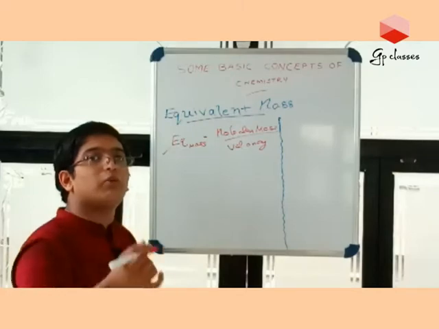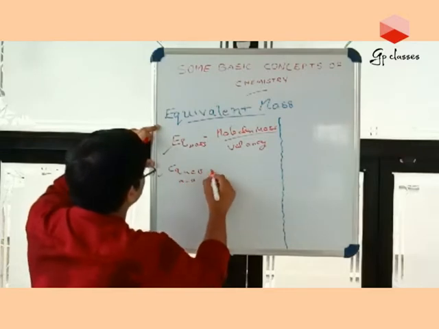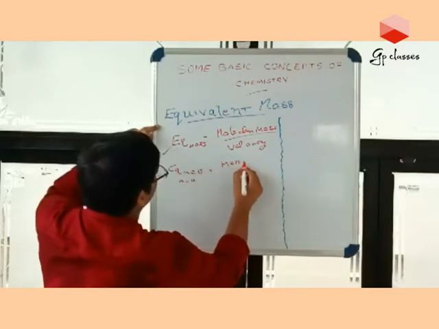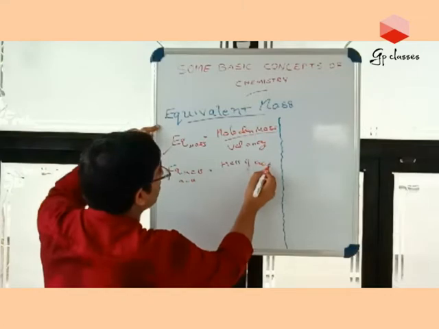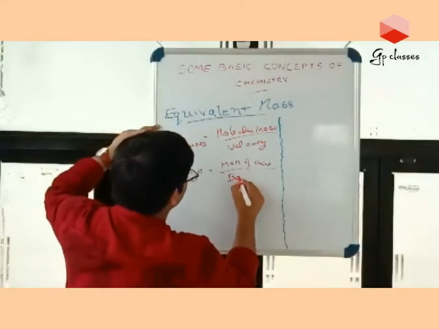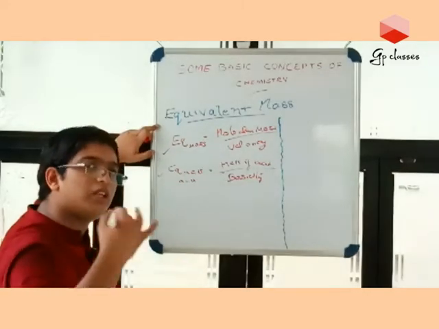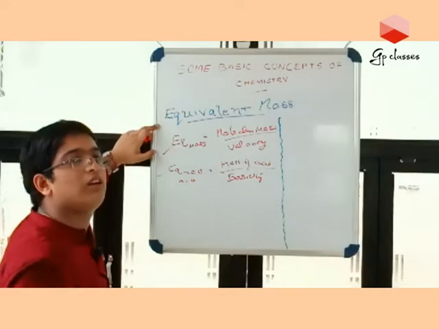So how can we write the equivalent mass of an acid? Equivalent mass of an acid is the molecular mass of the acid divided by basicity. What is the basicity of an acid? Basicity of an acid is the number of ionizable H+.